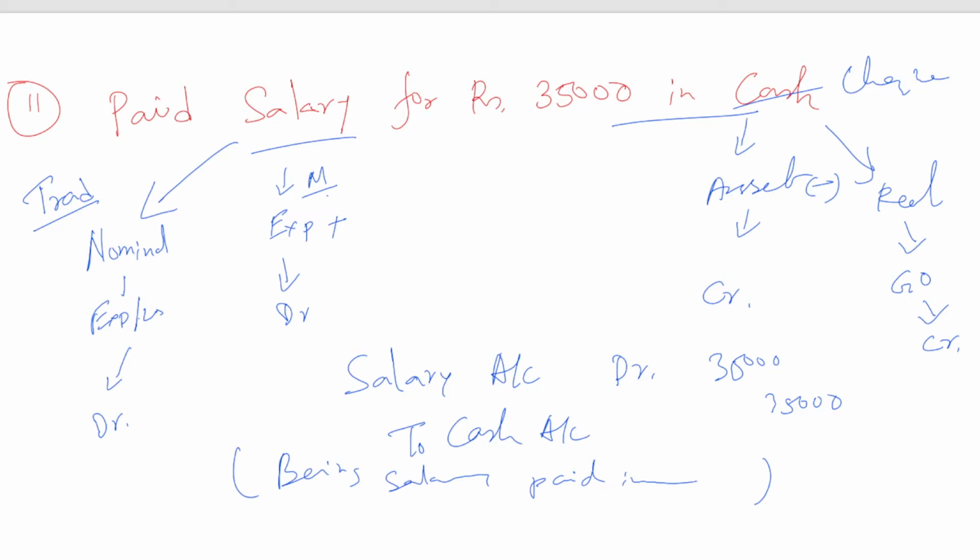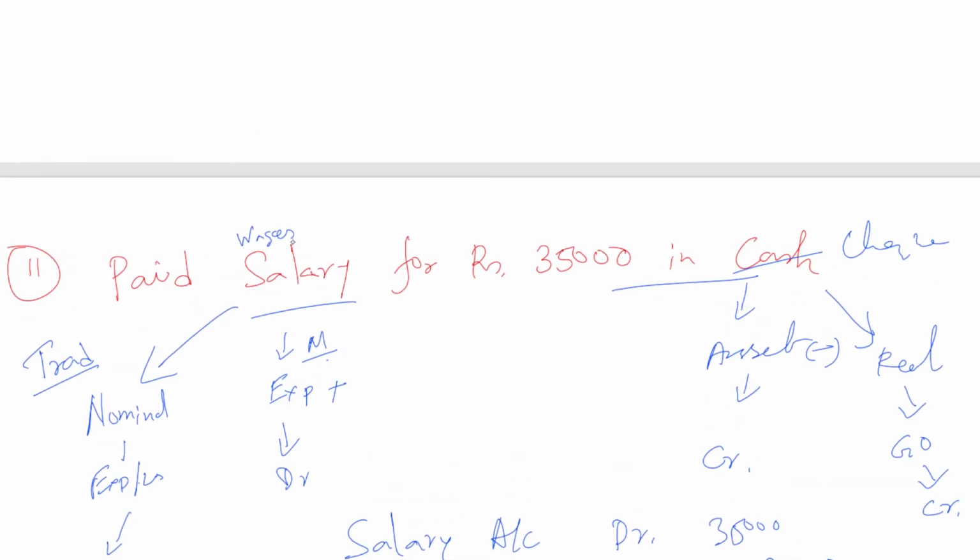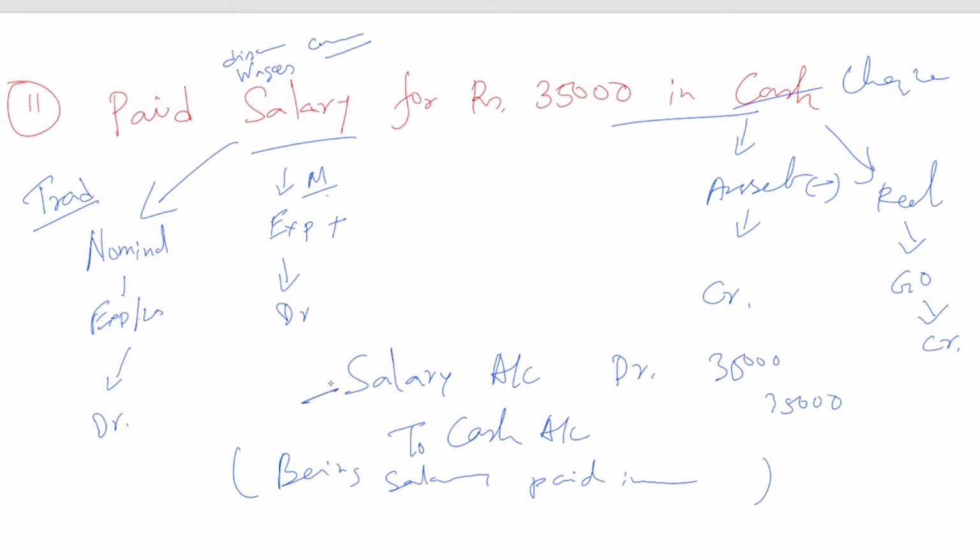Only the bank account will be credited. It may be salary, wages, or anything, discount, carriage, any kind of expenses. Then the entry will be the same. Expenses account debit to cash or the bank if it is paid by check.